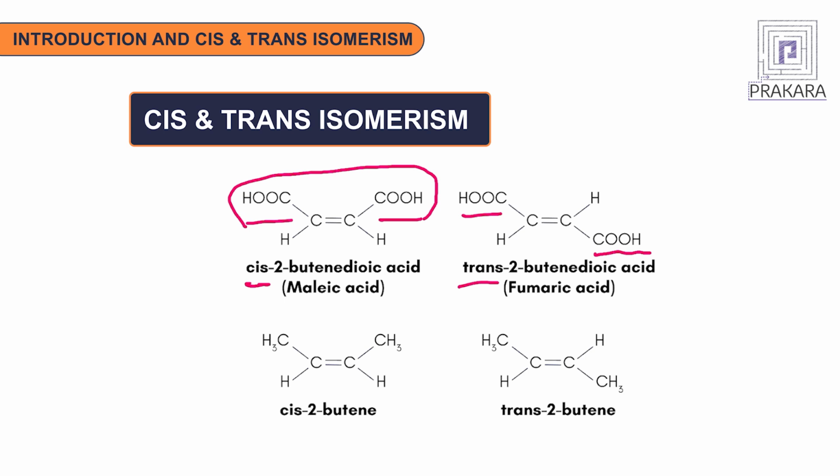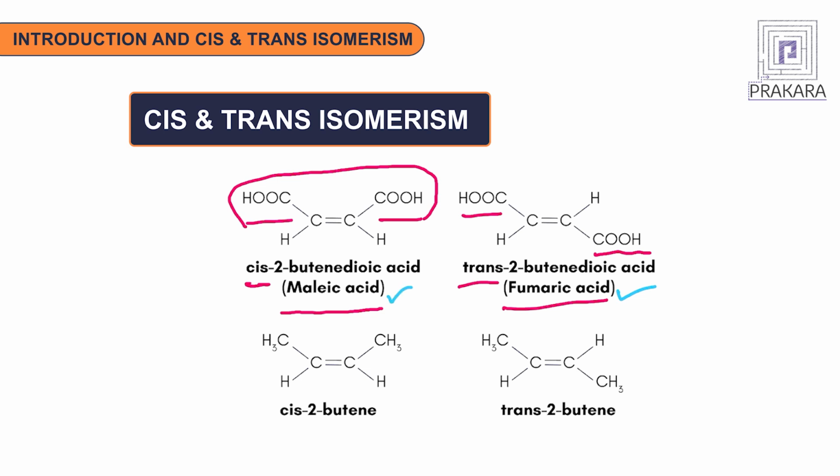The trans form and cis form are two different acids and have two different names. The trans form of 2-butenedioic acid is regarded as fumaric acid, whereas the cis form of 2-butenedioic acid is called maleic acid.